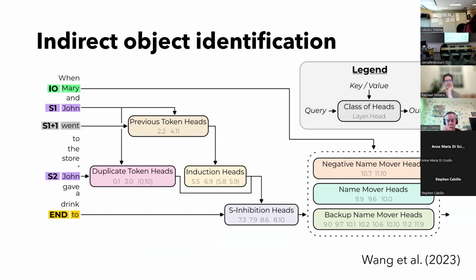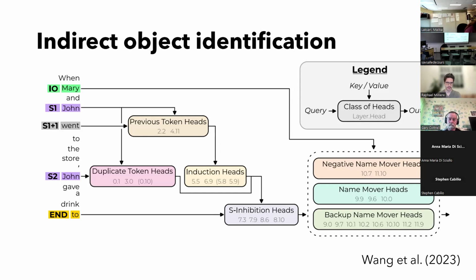So specifically, in this kind of task, we have a sentence that involves an initial dependent clause, such as "When John and Mary went to the store," and that's followed by a main clause, "John gave a drink to", and in that case, the indirect object is Mary, and the subject is John. And so the task for the network is to predict the final token, which is again going to be Mary, in the sentence, predicted to be the indirect object.